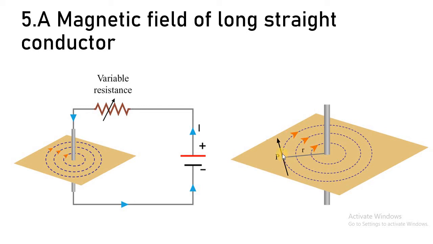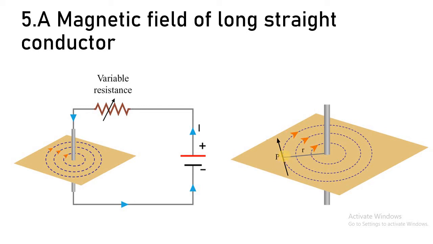Everybody understood? Point P is lying on the outermost circle around the conductor. And this outermost circle is having the distance between the conductor and the point P, nothing but what? The small r. That is nothing but a radius r of that particular circle.